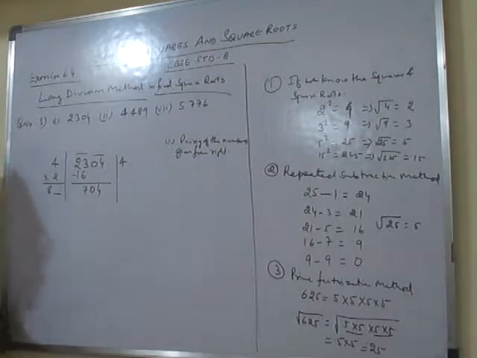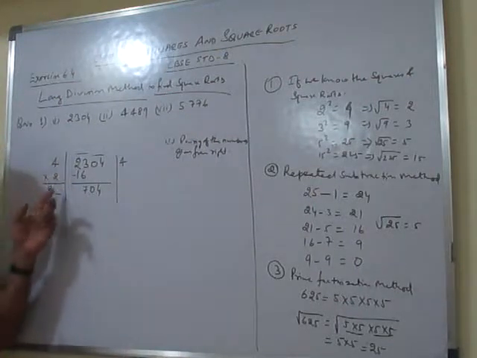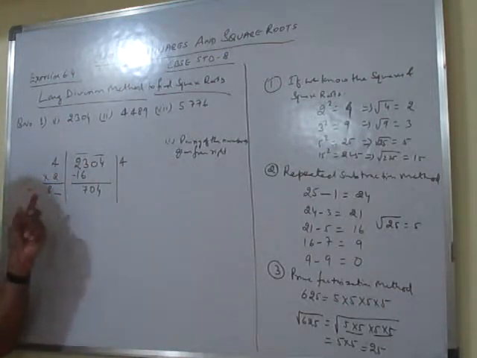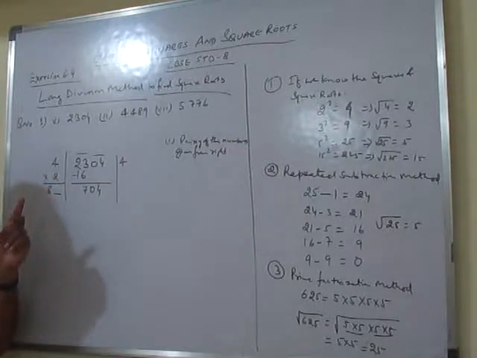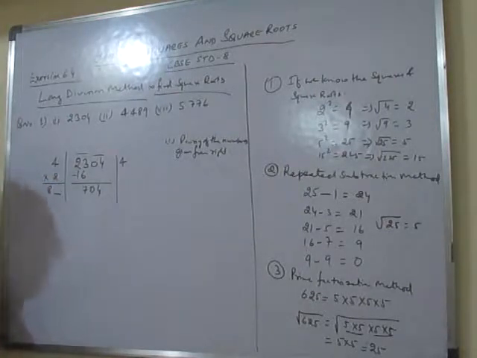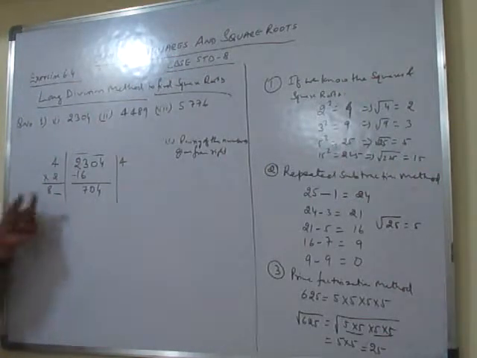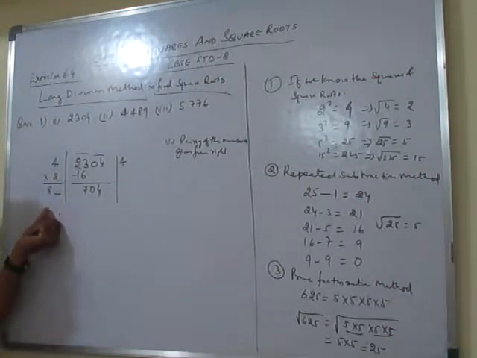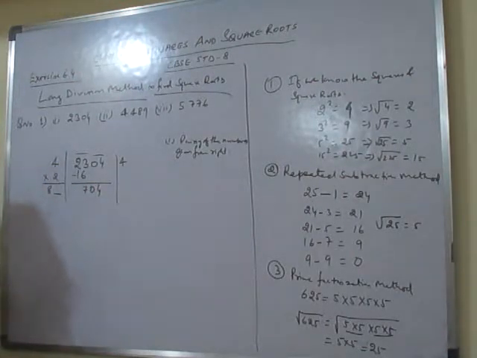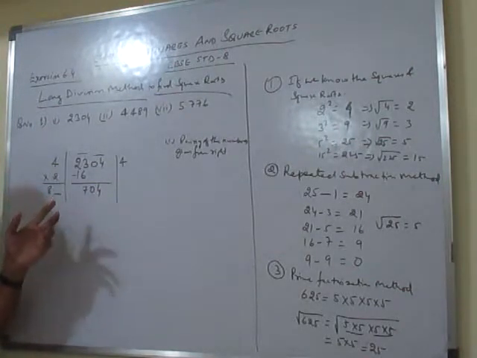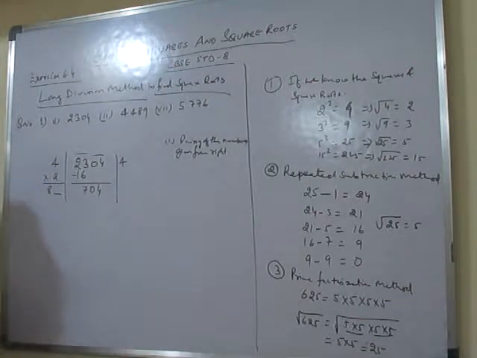It means we have to think of some other number to put here so that we can get 4 at the last. If 2 we cannot put, then if we go for 3, we will get 9. If we go for 4, we get 6 at the last digit. If we go for 5, 5 will be the last digit, not acceptable. If we put 6, we only get 6 at the last digit.